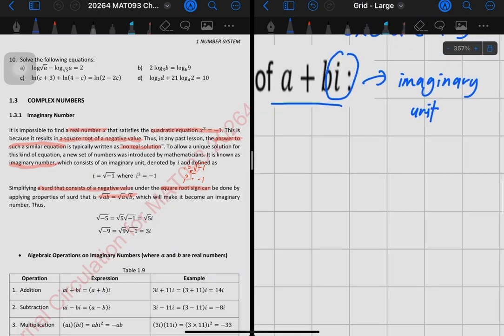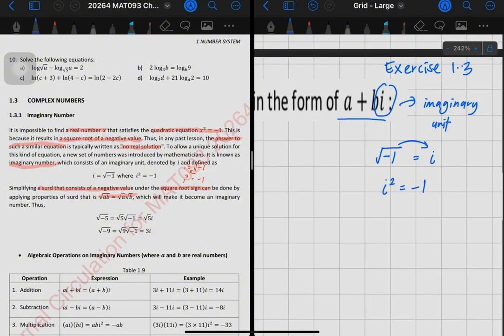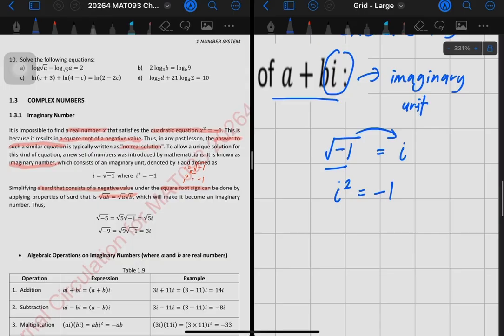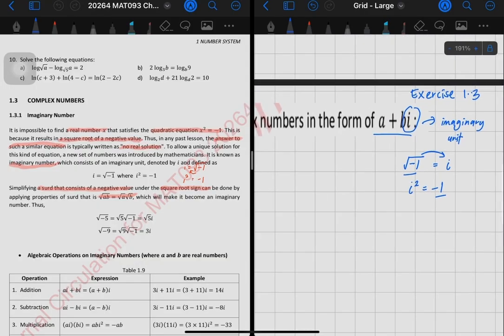So when it is the square root of -1, we call it i. And the same goes for when we square it: i squared equals -1. So every time we see these two, we replace them by i.